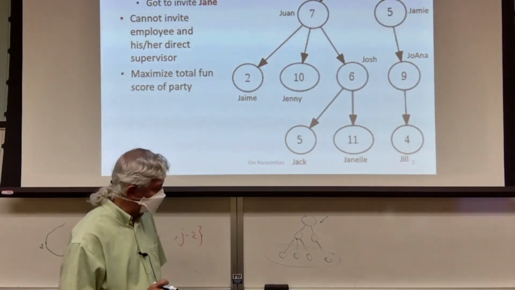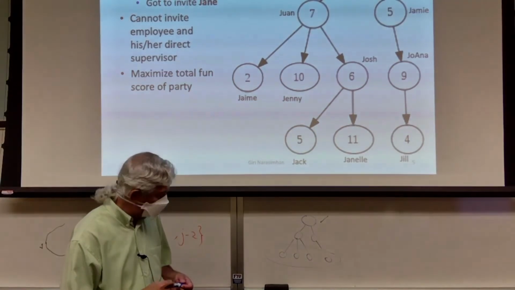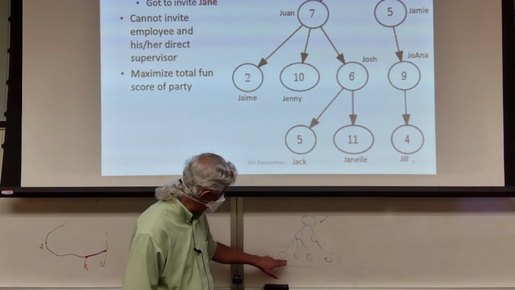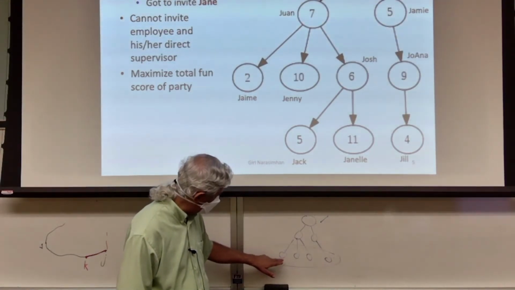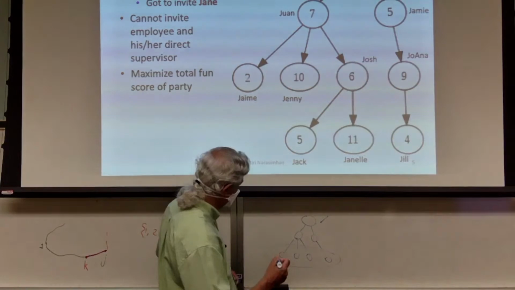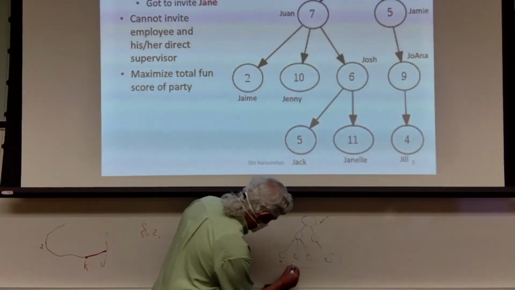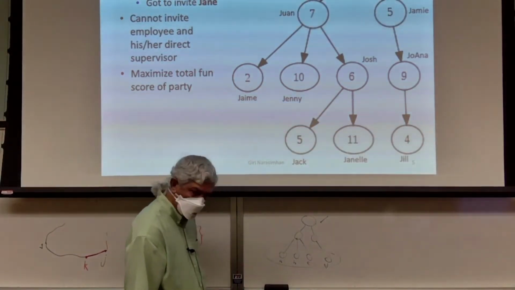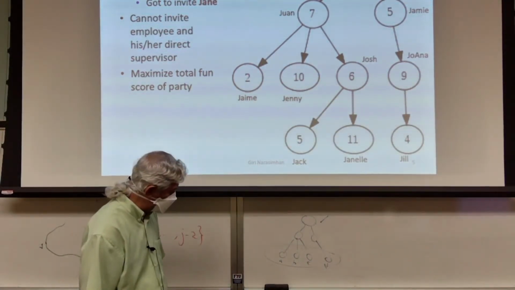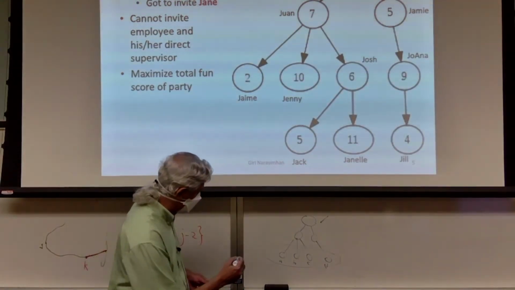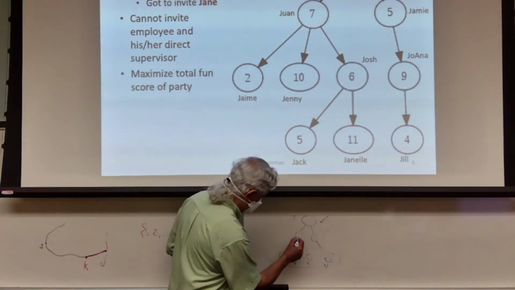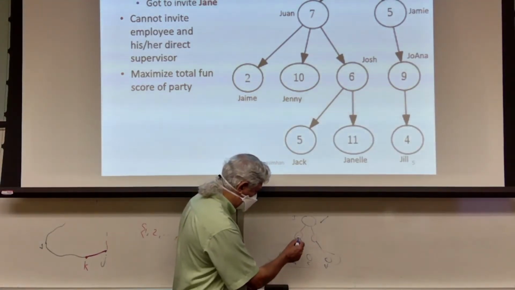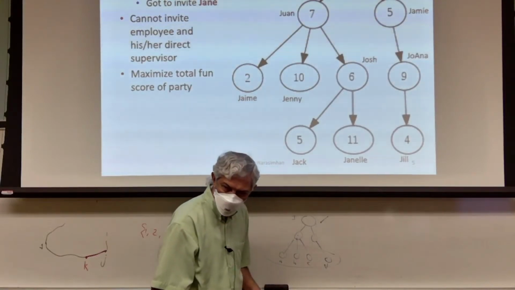No, but you might take the one on the left and then not take the bottom. It depends on which one gives you the maximum value. So I guess I need names here. What are you trying to say? So here, my idea is, for the CEO, for Jane, the one on the left, we can either take it or not take it. Well, if Jane has to be invited to the party, there is no way to invite this person.